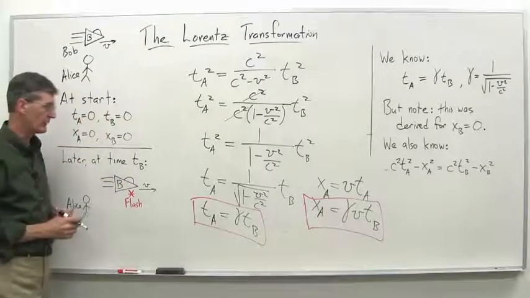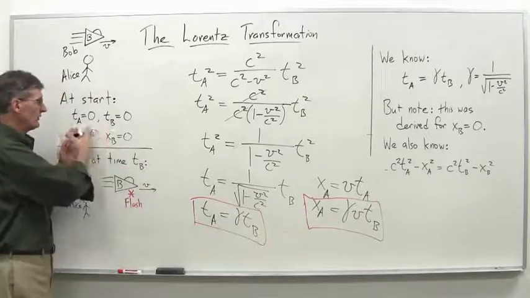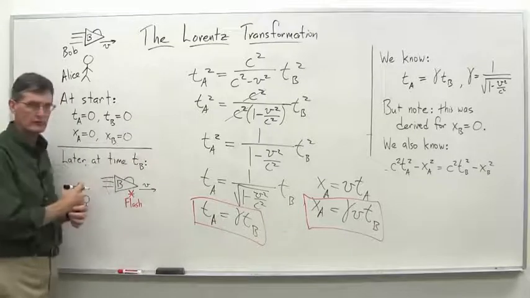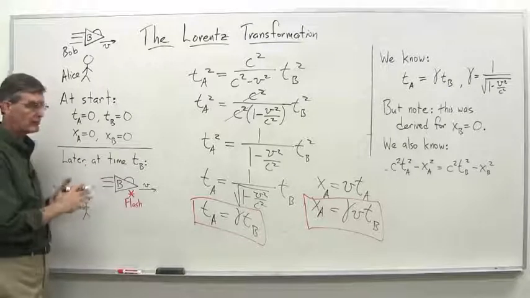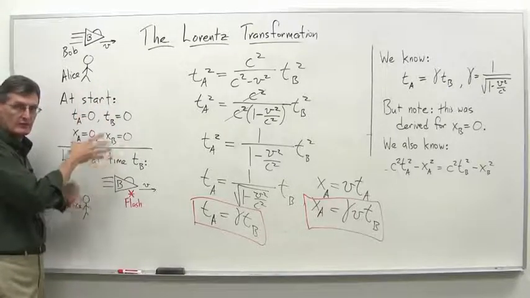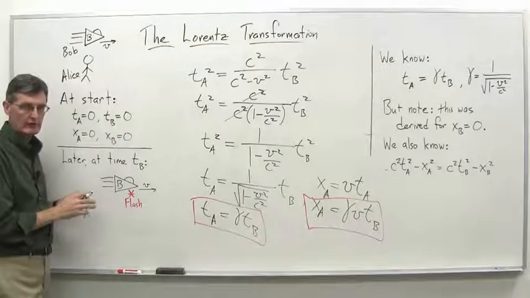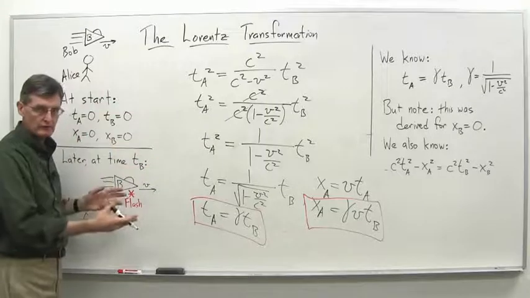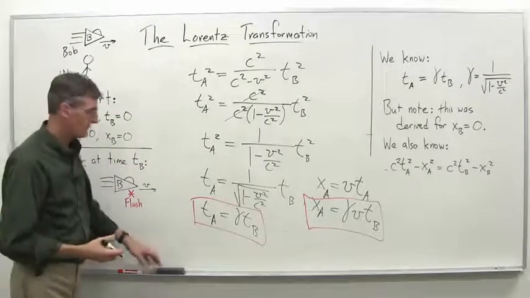If they're not set up like that, you can start your clocks at the proper time, or you can adjust the clocks back and forth if you want to get a 0 point at that instant to have everything match up, and both Bob and Alice have their clocks at 0. Later on, of course, if Bob is moving, then they're not going to be synchronized anymore, as we talked about with the relativity of simultaneity.